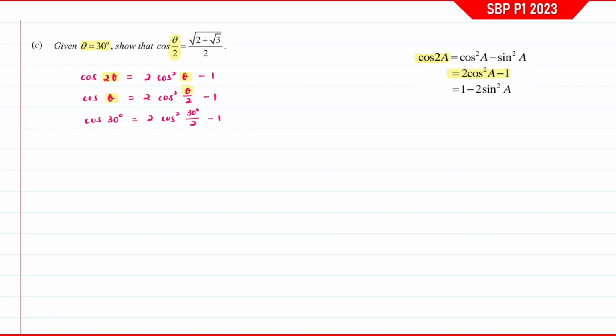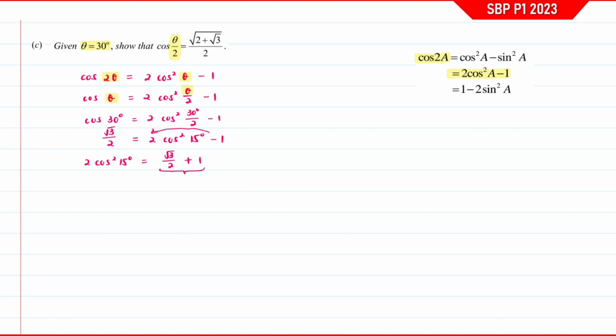So the value of the cos 30 degree is square root 3 over 2. So this is equal to 2 cos square 15 degree minus 1. So next, move the 1 to the other side. So 2 cos square 15 degree is equal to 3 over 2 plus 1.